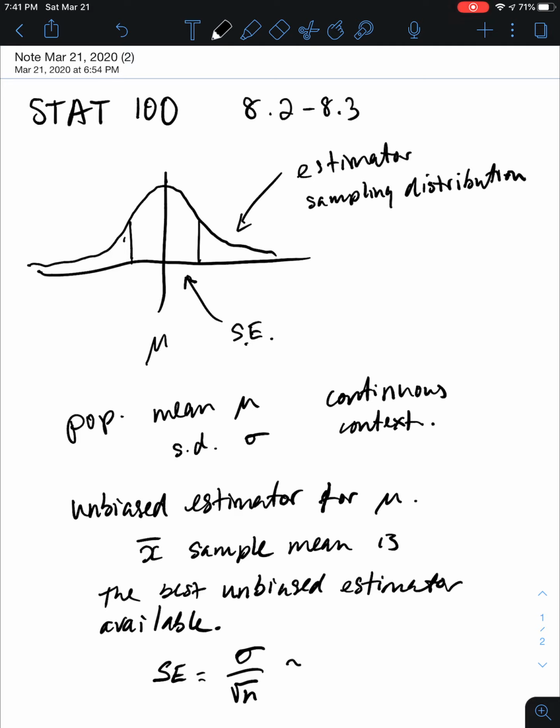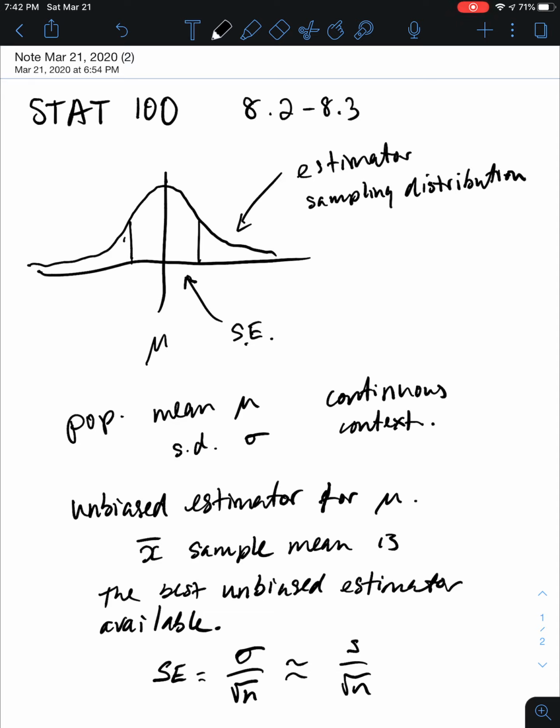We do not know that. It turns out that we can do a reasonable approximation of sigma with S. So S is our sample standard deviation, and sigma is the population standard deviation. S is a reasonable drop-in replacement for sigma.